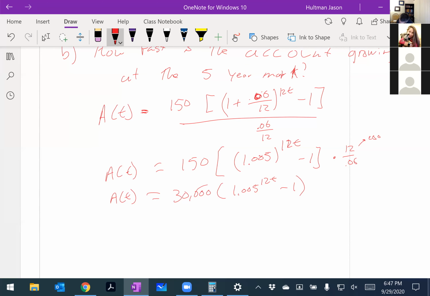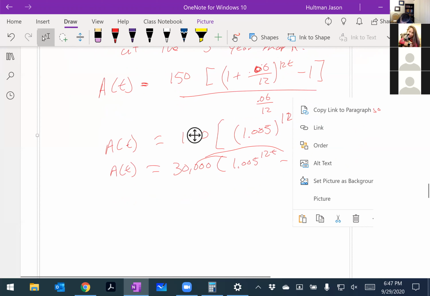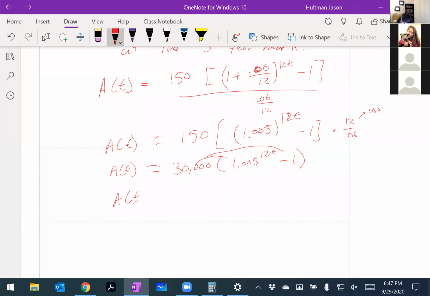I'm just wanting to get it into a form that's nicer to differentiate. So I get A of t equals 30,000 times 1.005 to the 12t minus 30,000.